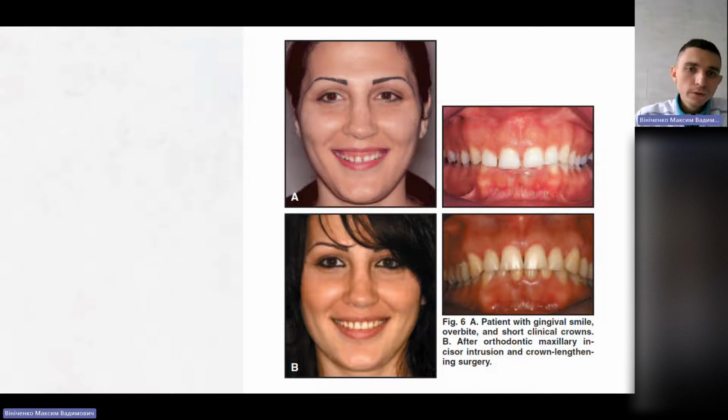So if we use only intrusion, we could make this gummy smile better, but without lengthening of the clinical crowns it would not be a good result. So in this patient they used the incisor intrusion to reduce the gummy smile and crown lengthening surgery to make a balanced smile.